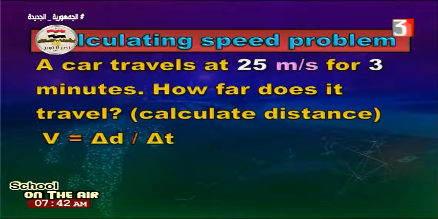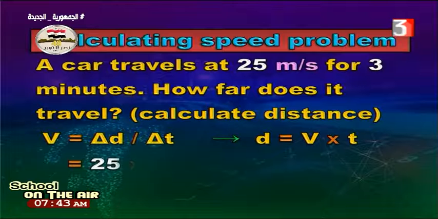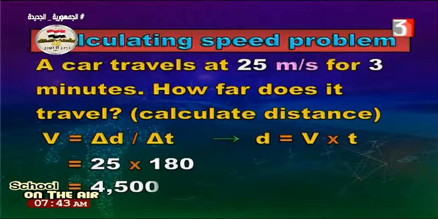From the law of speed, V equals delta D over delta T, we can find distance equals V multiplied by time. Speed times time: 25 times 180 equals 4,500 meters.